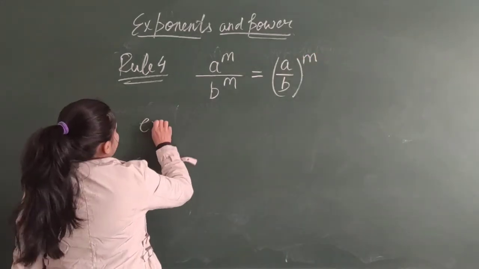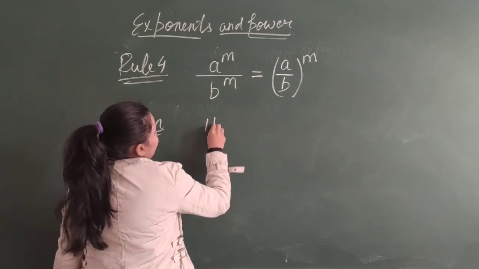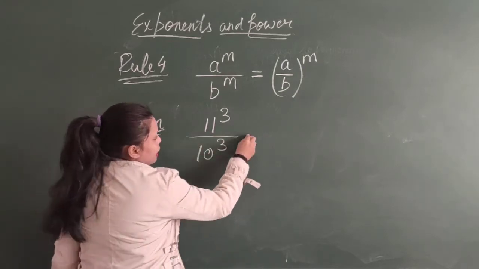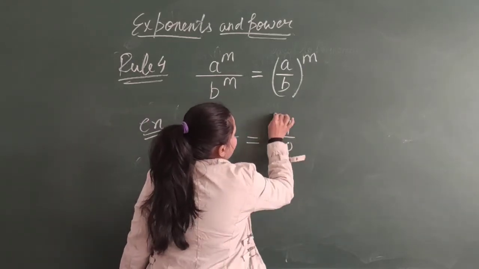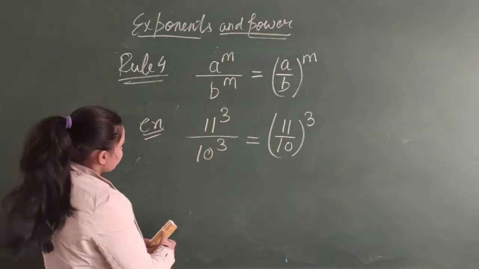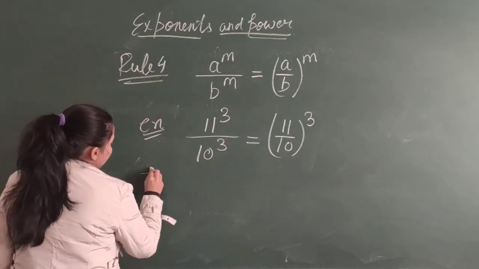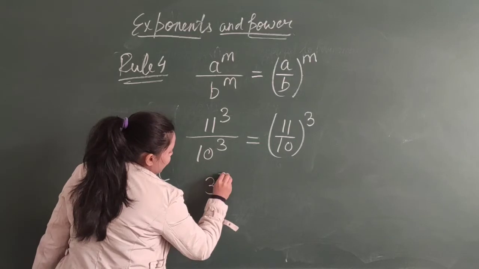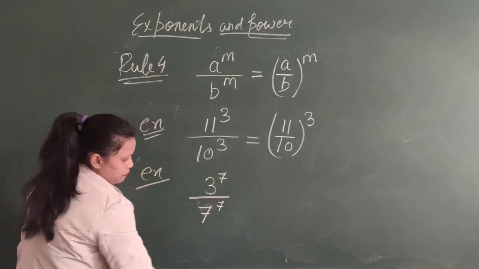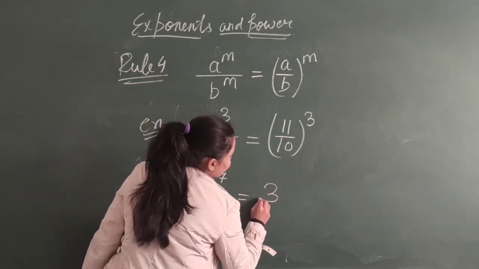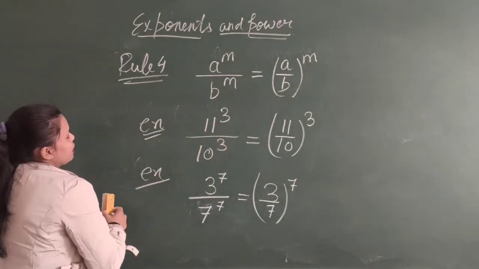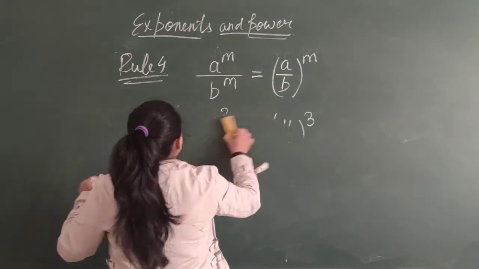Like if it is given 11 raised to power 3 divided by 10 raised to power 3, it will be equal to 11 by 10 raised to power 3. Got it? Let's take one more example. 3 raised to power 7 divided by 7 raised to power 7. It will give you 3 divided by 7, raised to power 7.